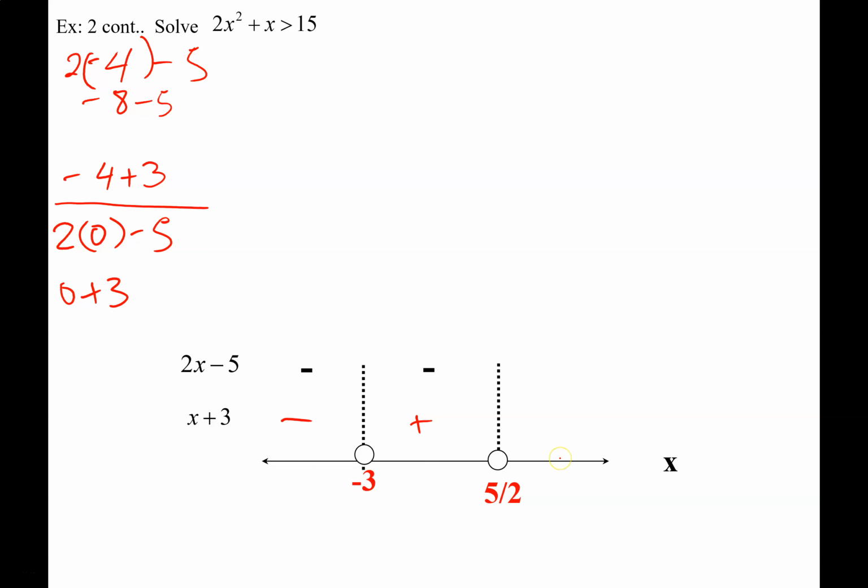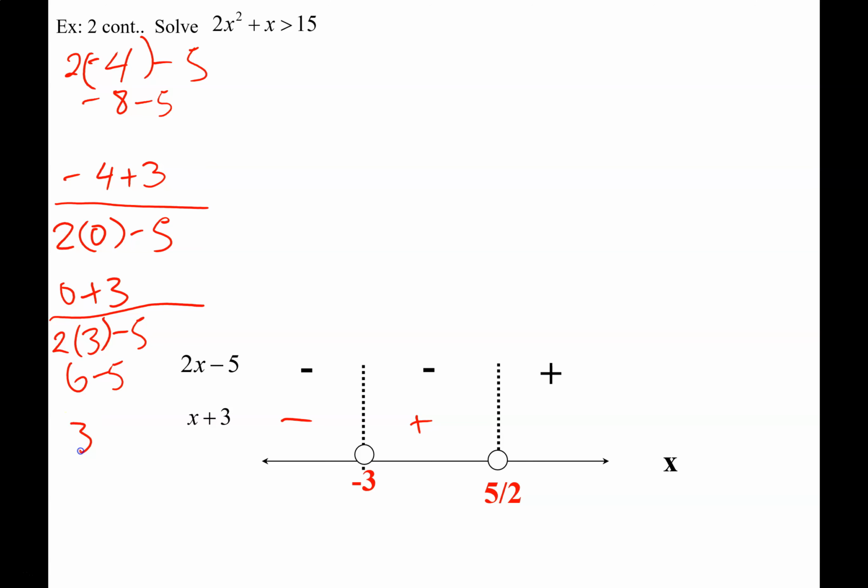We're looking for numbers that are going to be greater than 5/2. 5/2, that's 2.5, right? So I'm going to go with a 3. So substituting a 3 in here, this would be 2 times 3 minus 5. So that's 6 minus 5, right? That's a positive. So I need to have a positive there.